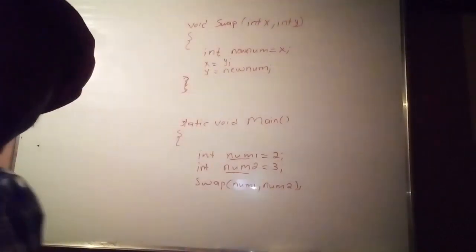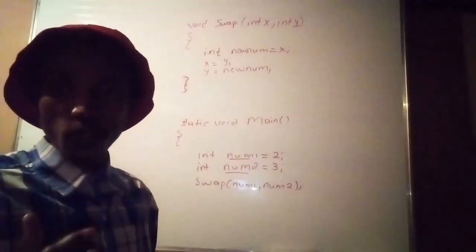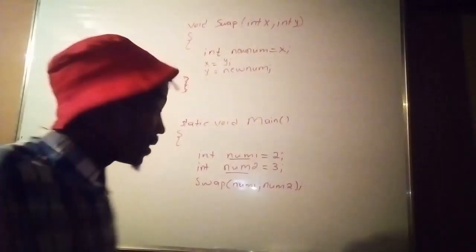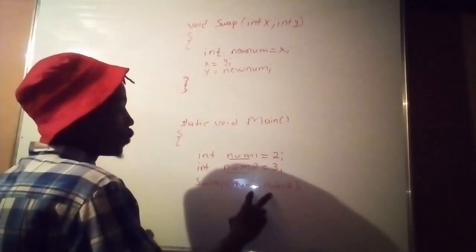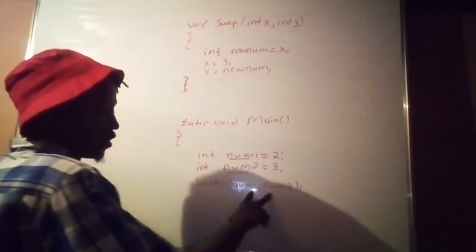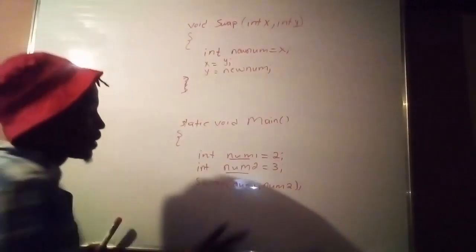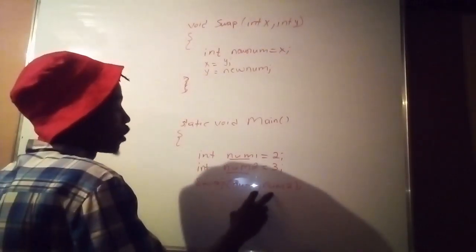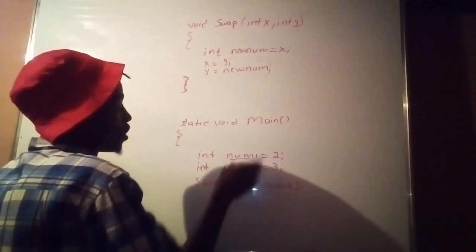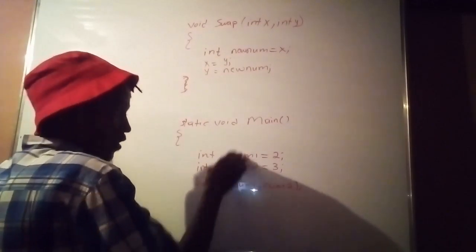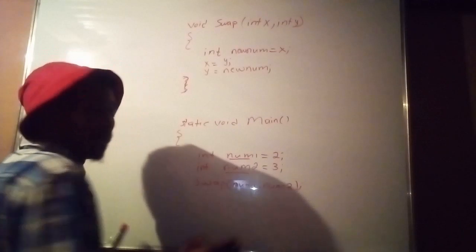Unfortunately, at this stage, that's not going to happen. The main reason is the way we are passing these two arguments to that method. What we are basically doing here is passing copies of these values. So these numbers remain unchanged.